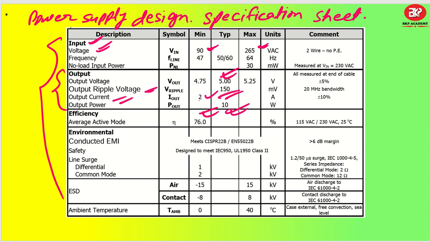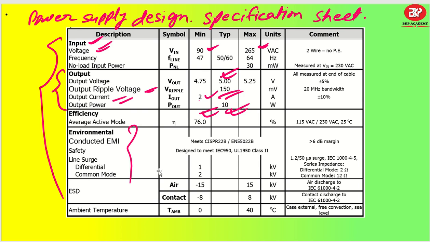We have environmental requirements, that is conducted EMI which meets CISPR 22B and EN 55022B, okay? Similar to that we have some safety standards, like designed to meet IEC 950 as well as UL 1950 class 2.